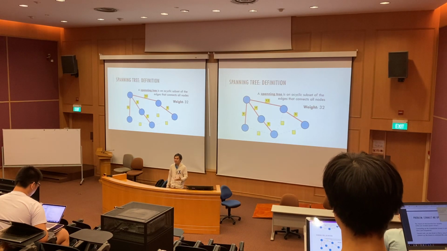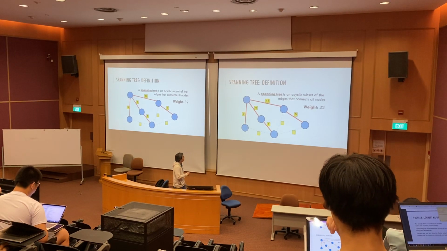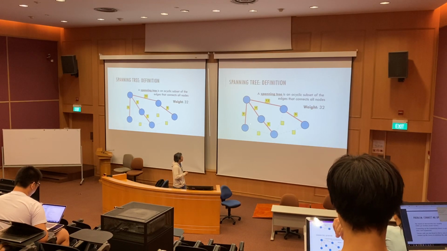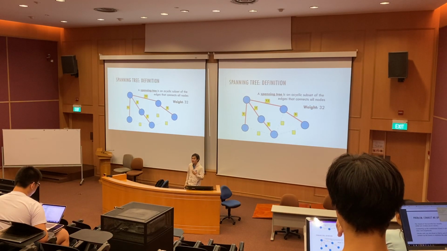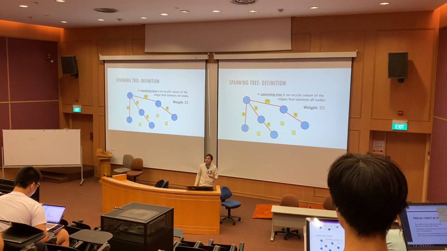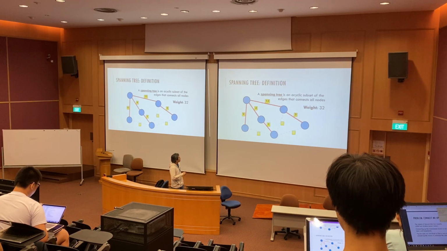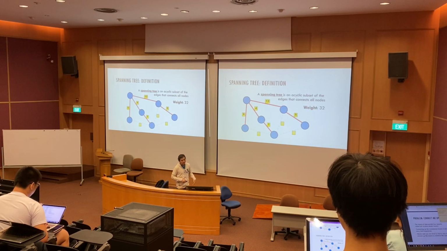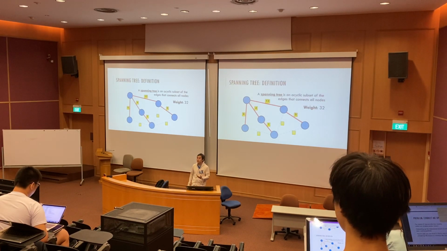It just means that it's a subset of edges such that all the nodes are connected, so from one node you can go to any other node in this spanning tree. The weight of this spanning tree is simply the sum of the weights of all the edges in the tree. So the weight of this tree will be 32.